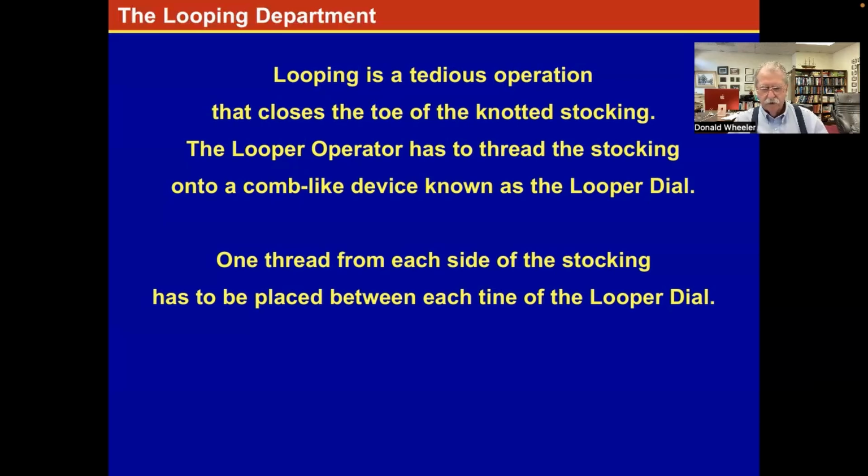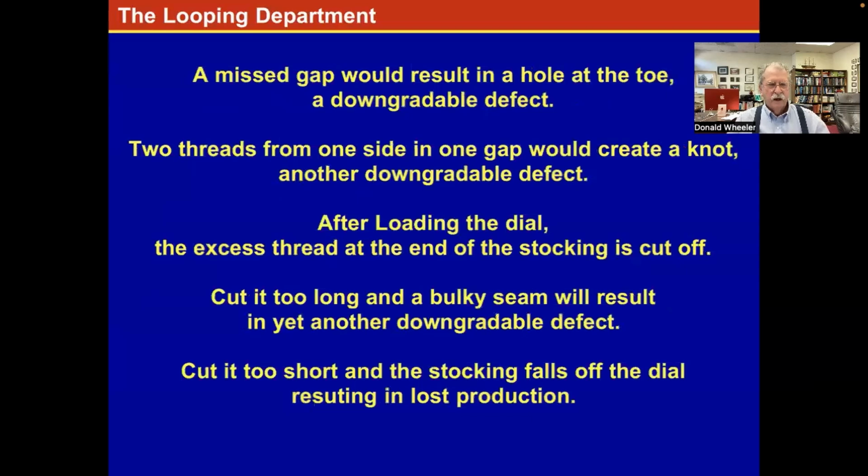Exactly 1 thread from each side of the stocking had to go onto each gap between the teeth on the looper dial. A missed gap would create a hole in the finished stocking, resulting in a downgraded stocking. Placing 2 threads from the same side in 1 gap would create a pucker, resulting in a downgraded stocking.